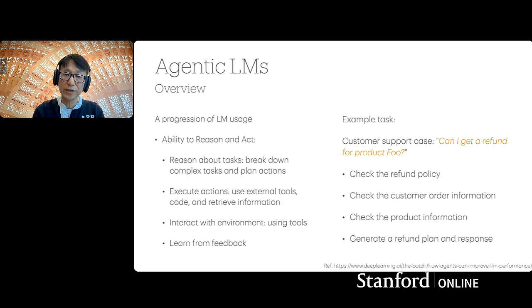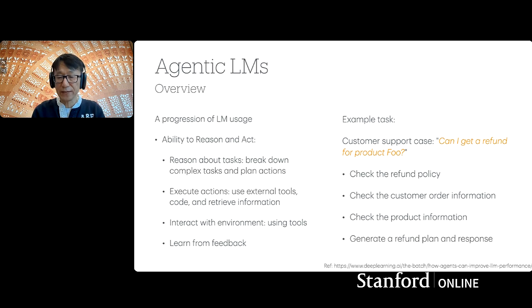Let's look at a concrete example here. If you have a customer support AI agent, how might it work? A customer asks, can I get a refund for product foo? Then the agentic system will break this request down into the following four different types of actions: check the refund policy, check the customer information, check the product, and then finally collect everything and decide what to do.